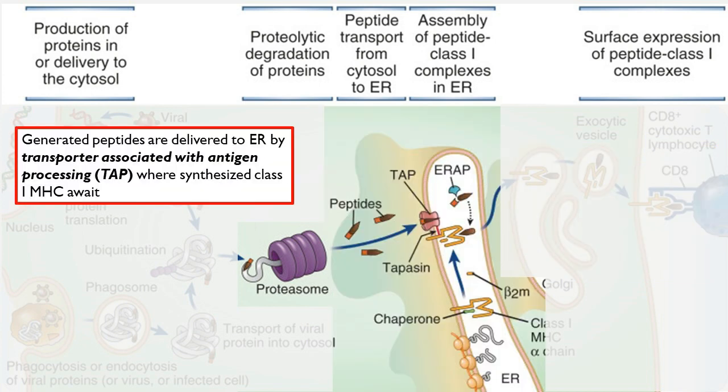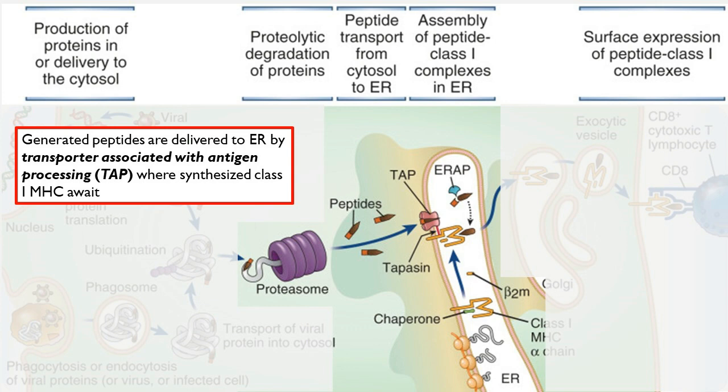At this point, proteasomes have cleaved the large proteins into smaller peptides capable of being processed by the class 1 MHCs. But in order to do so, these antigens must be brought into the ER through a transporter that is creatively named Transporter Associated with Antigen Processing, or TAP. So I find that's very easy to remember.